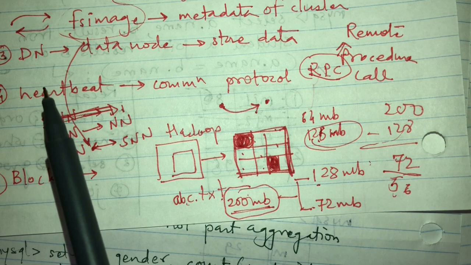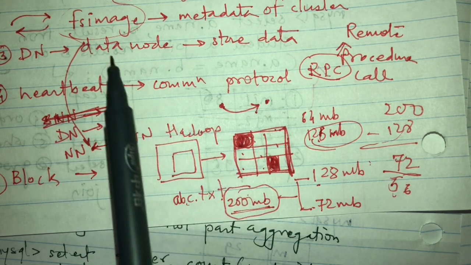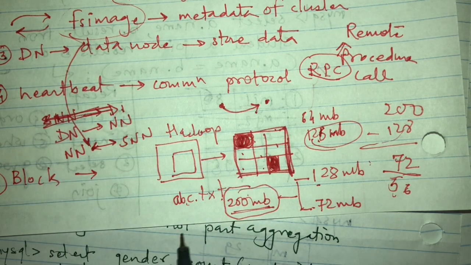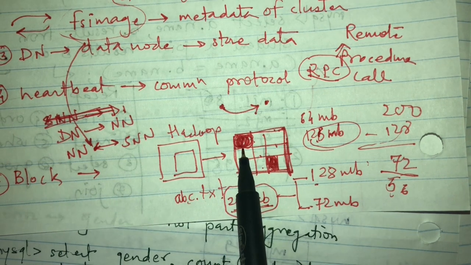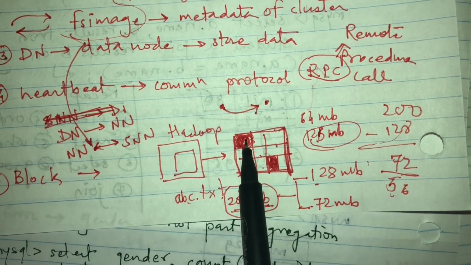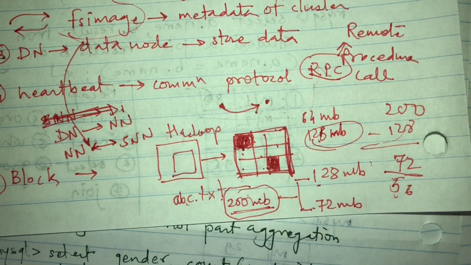Now data node takes this information and goes to name node, and name node updates the FS image file saying this file abc.txt, which is of 200 MB, is split into two blocks. One block is 128 MB stored here, and the other block is 72 MB, which is stored here, right?